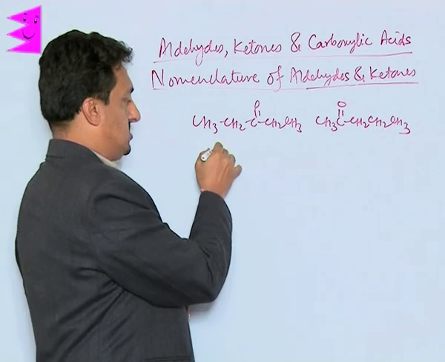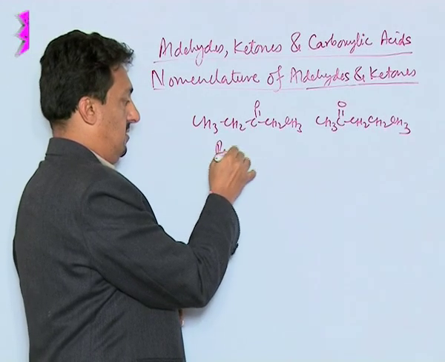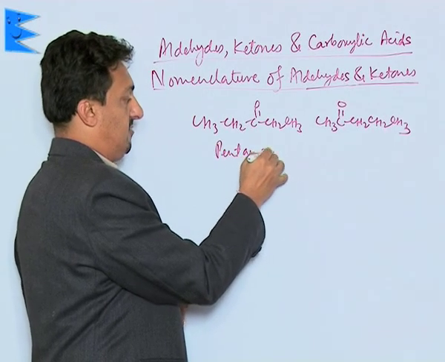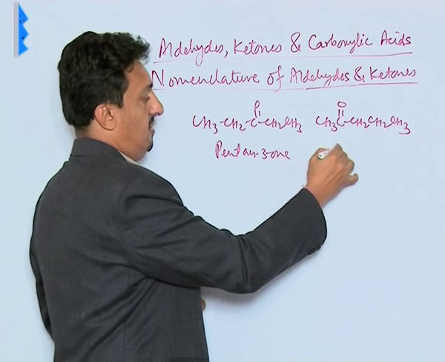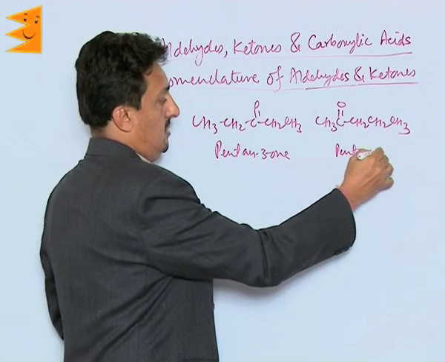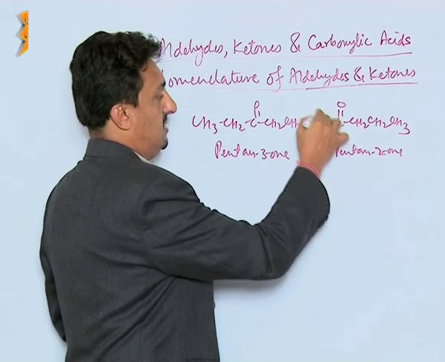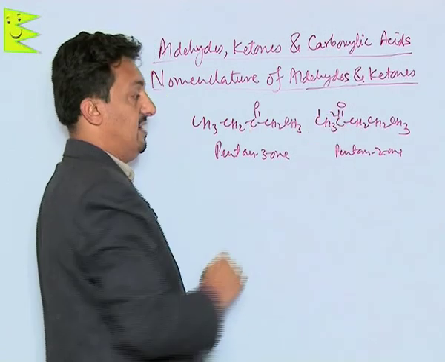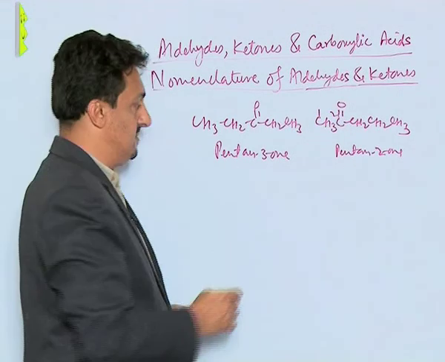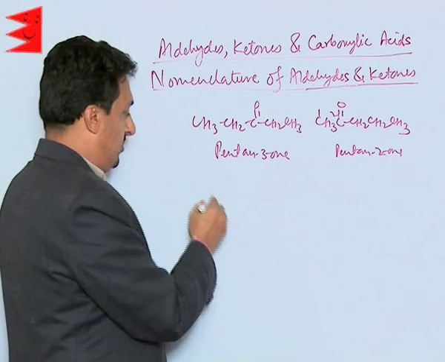So this is called pentan-3-one, and this will be called pentan-2-one, because here it is at the second carbon, and in this case the keto group is at the third carbon.